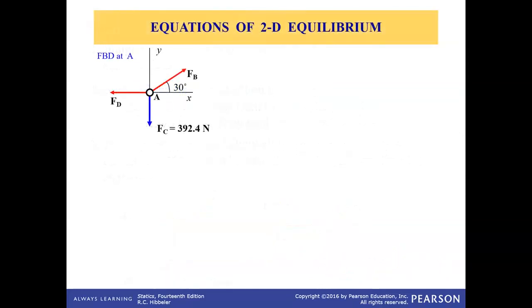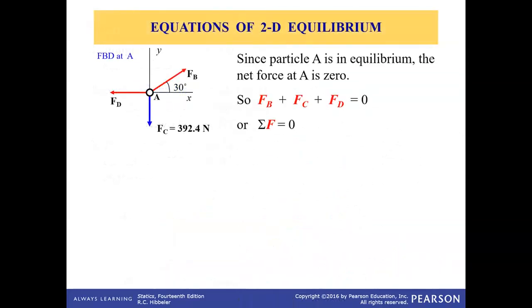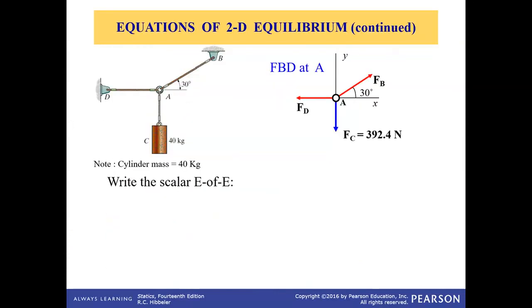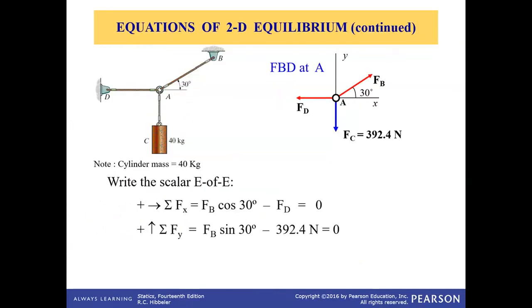And that means we can apply two equations of equilibrium to solve for them using sum of forces. We can apply sum of forces in x equal to 0 and in y equal to 0 and solve for FB and FD. Sum of forces in x direction equal to 0, and this is our direction assumption: we are assuming that anything that is going right is positive.